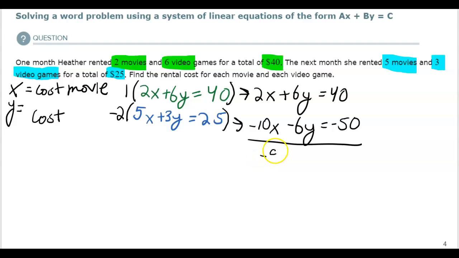Then when I add down, I get -8x plus 0y equals -10. So it's able to eliminate my y.